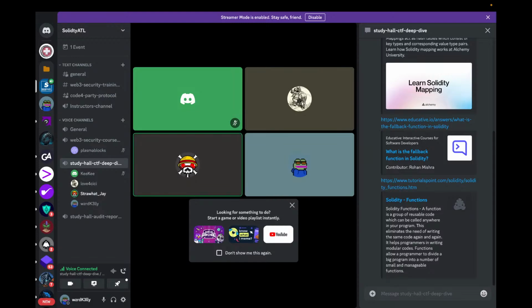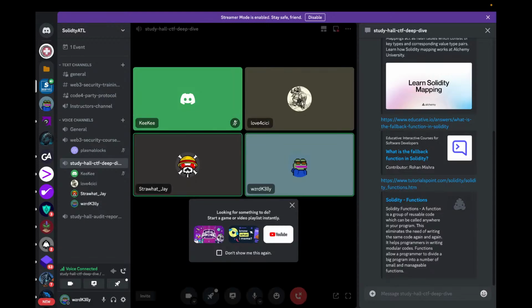I guess share your screen. Are you working through the console, or are you working through Remix? Right now I'm working through VS Code. I copied the contract into VS Code, and I'm just trying to figure out the best way to share it.